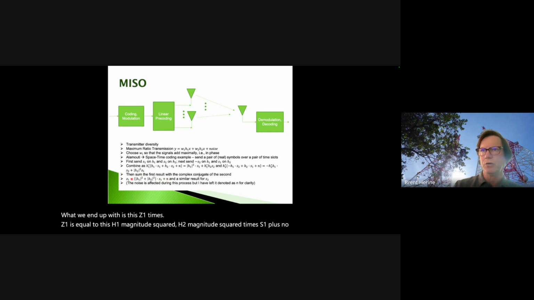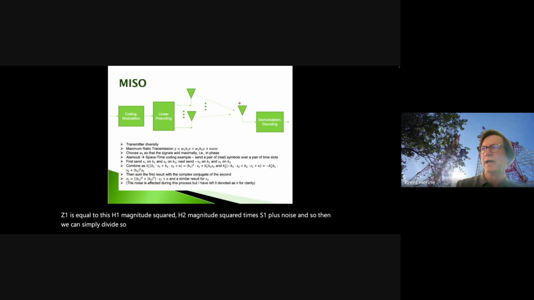And so then we can simply divide. So this is the S1 now that we're measuring once we're multiplying by these complex conjugates of the H1 and H2, right? So we take this Z1 and we divide that, and that should equal S1 plus some noise, right? So then we'll do a similar result for S2, right?